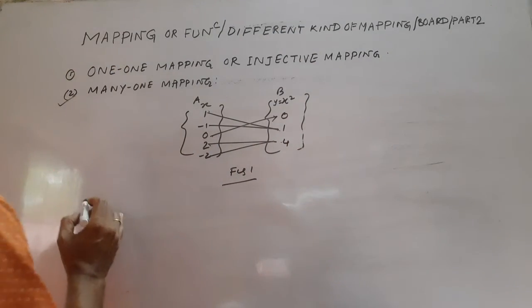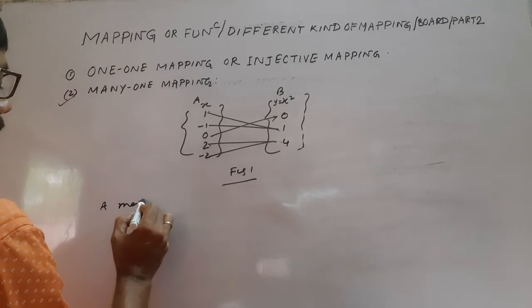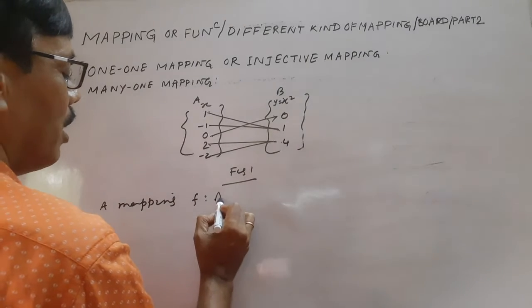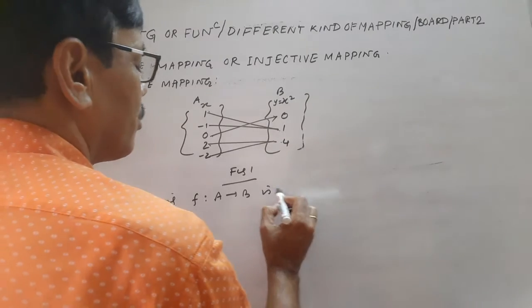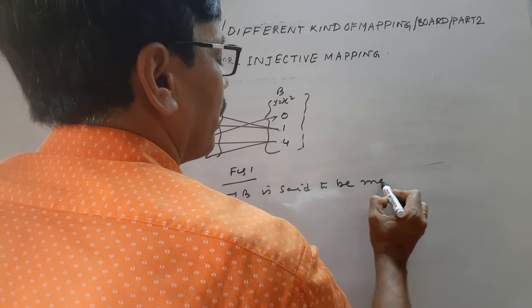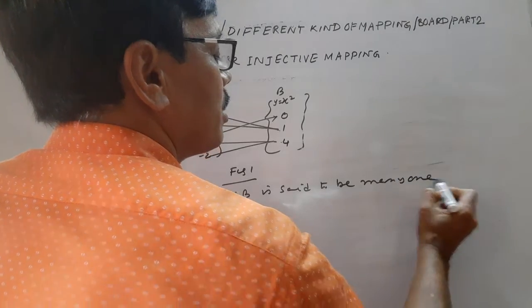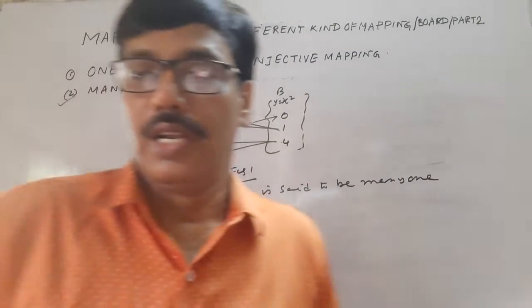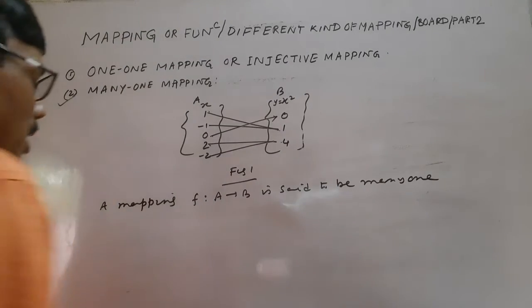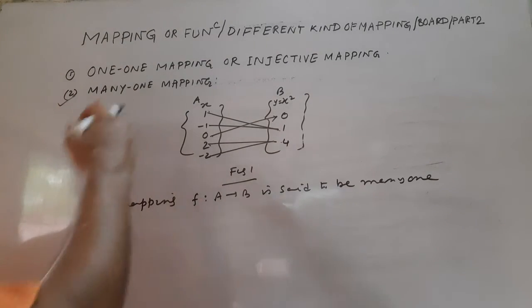So what is the definition? A mapping f from A to B is said to be many-one. Definition is not important. So the example you should remember for the exam. But for solving problems you need the definition.